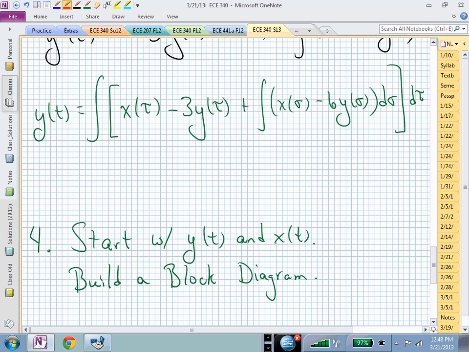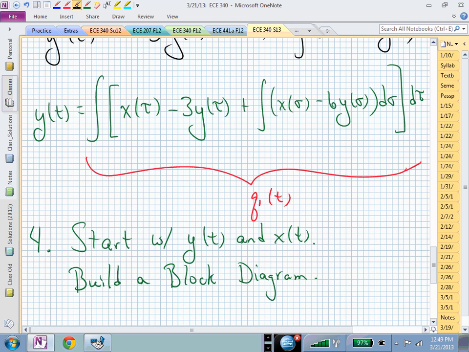To build this block diagram, what we want to do is assign state variables as the outputs of these integrators. And our state space representation is not unique, but to make it cleaner, let me say that the output of this integrator, the whole thing, I'll call q sub 1. The output of this integral is q sub 1. And now I want the output of this integral to be q sub 2.